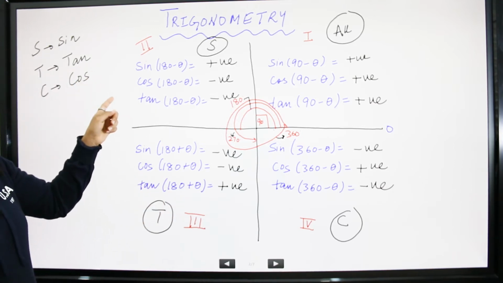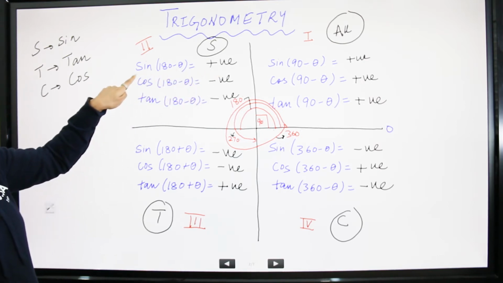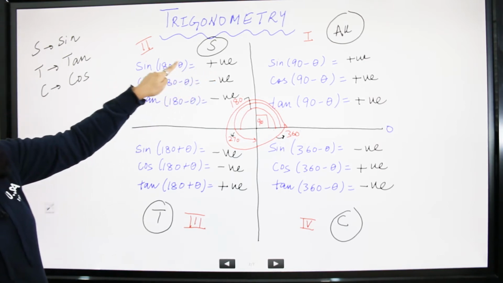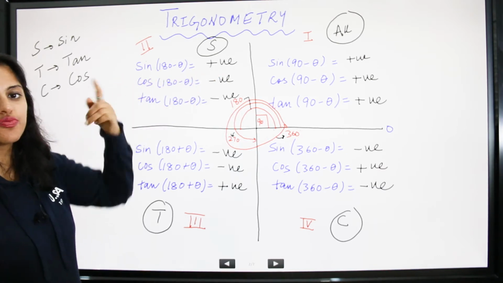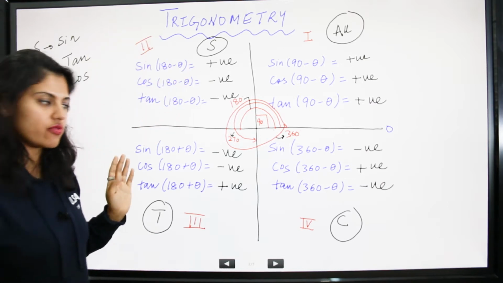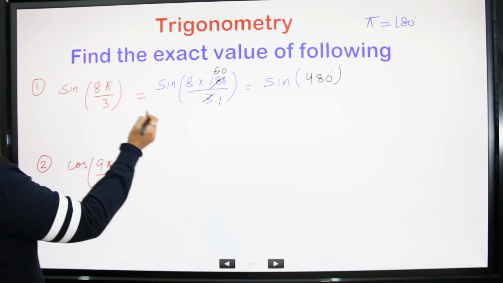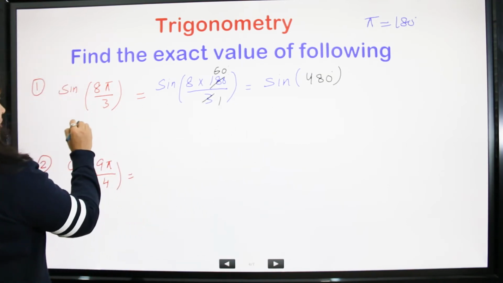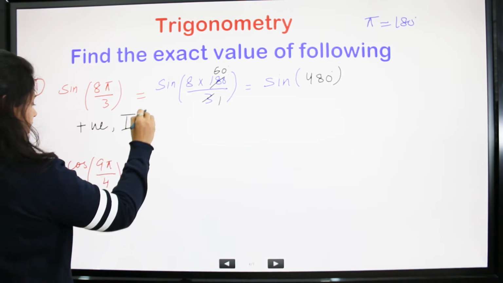We are talking about sine, and we know the sine value is positive in here, and we always write the angle as 180 degree minus theta, which equals positive sine theta, for an angle which lies in the second quadrant.